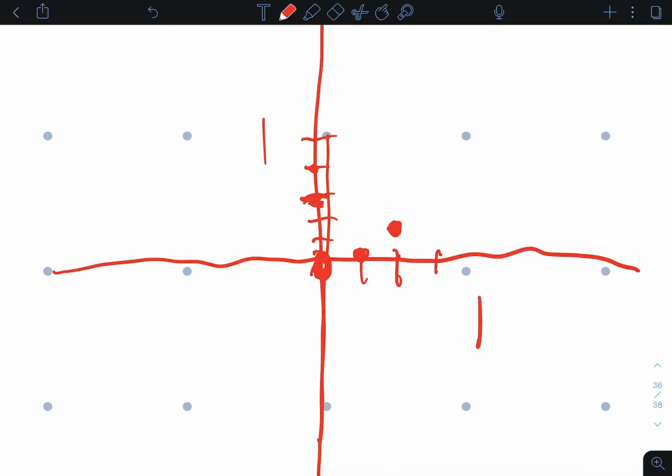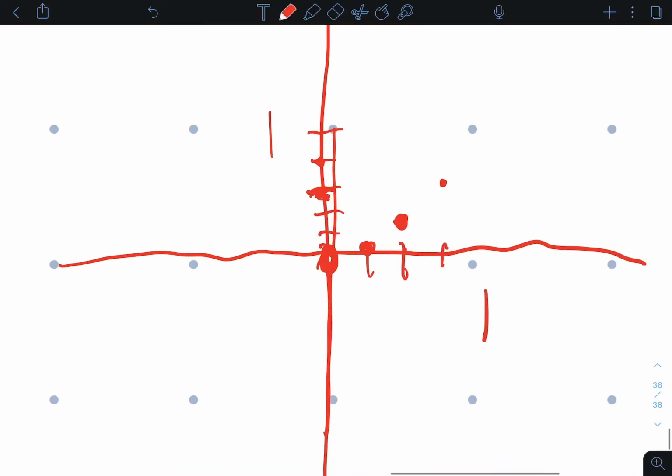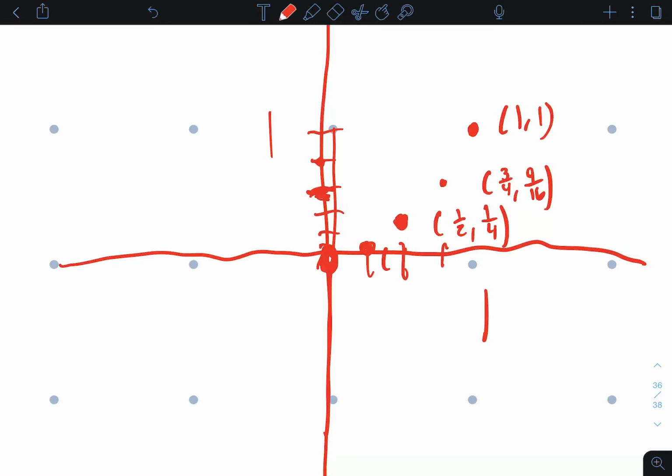So we're just going to go barely above 1/2. Right there. And then our last point was 1, 1. Here was 3/4, 9/16. Here is 1/2, 1/4. And then down here, I'll put it below, 1/4, 1/16.